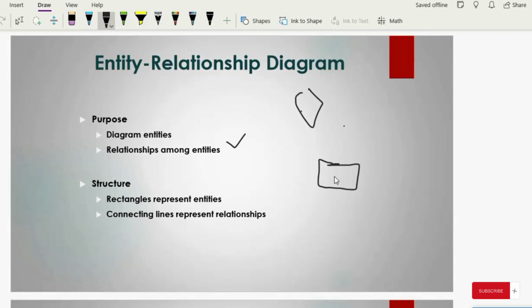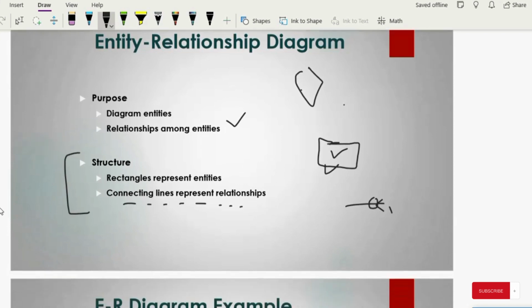So all of them could be the entity, and we will reflect them with the help of rectangles, sorry. And then there will be a connecting line between them, and it will be showing the relationship on them. Okay, so these are the things we need for the structure. We need rectangles to show the entities, and we need connecting lines with the relations on them so that we can show how these things are connected to each other.